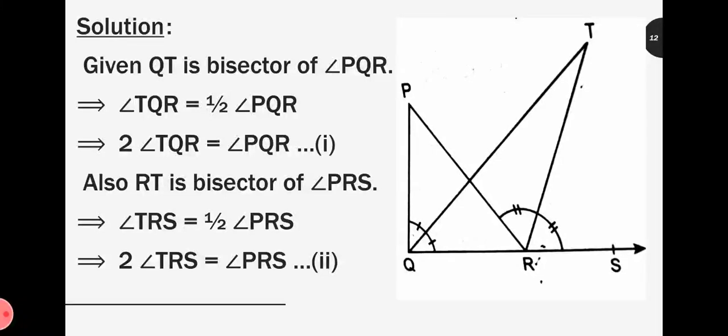Let this be number 2. So we have found two things using the bisectors of the given angles: twice angle TQR equal to angle PQR, and similarly, twice angle TRS equal to angle PRS.